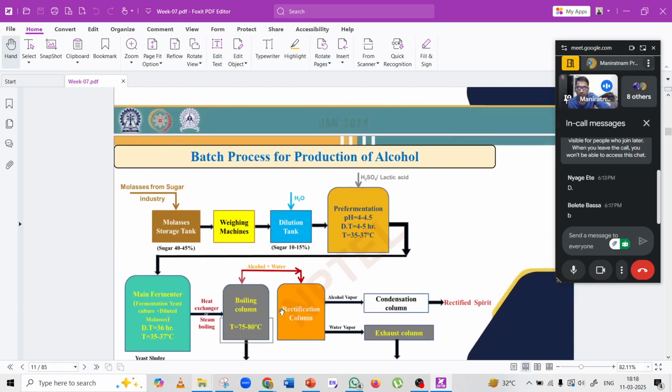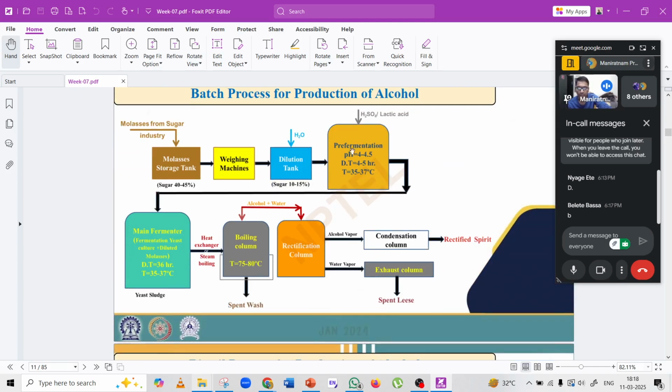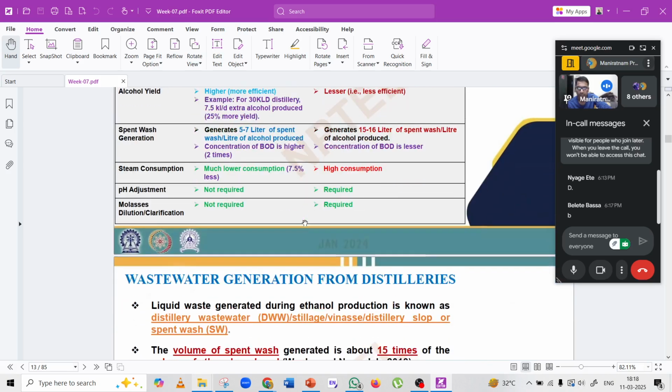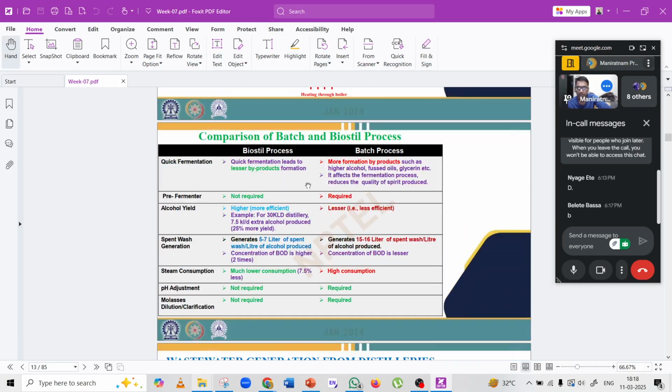So you can see this is the batch process, where in a single batch something is passed, but here is some advanced mechanism, and here you can see the comparison. In batch there is a requirement of pH adjustment, high consumption of steam, a huge amount of waste is also produced, alcohol yield is very low, and pre-fermenters are required.